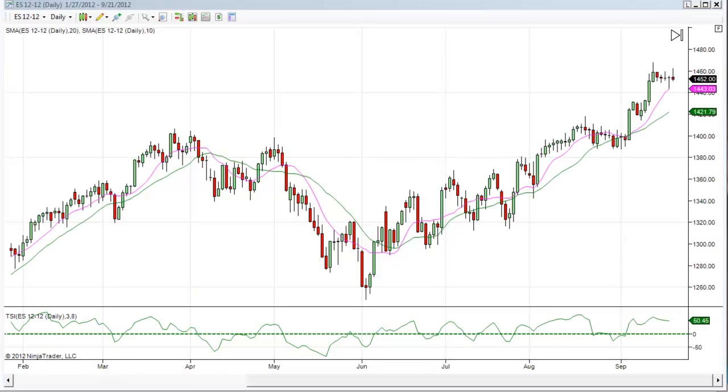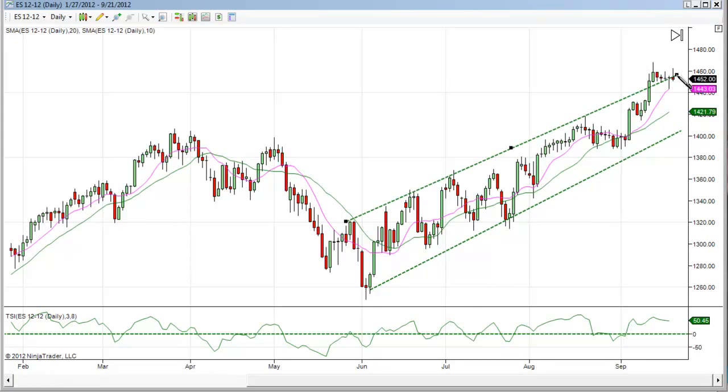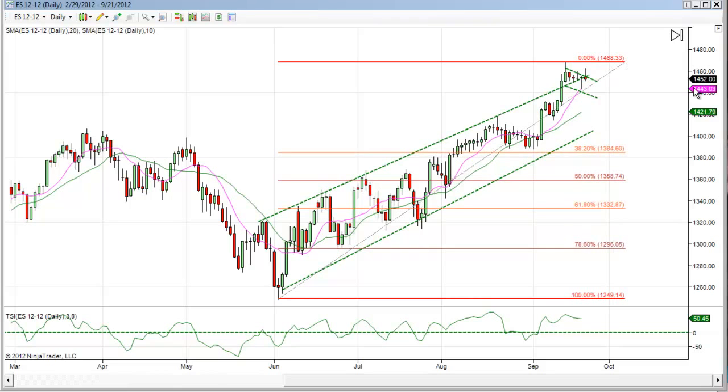Now, looking at the ES very quickly, we can see that we have this nice uptrend that we're still in. We broke above, and now we're moving sideways. I'm presently thinking that the 20 period is going to cruise up here, and we're going to move sideways for the next week or so. I'm going to flag something like that. Here's our fibs. I'll see us coming down to this level here.